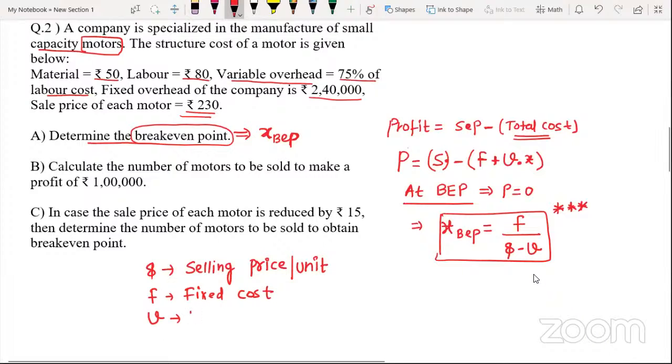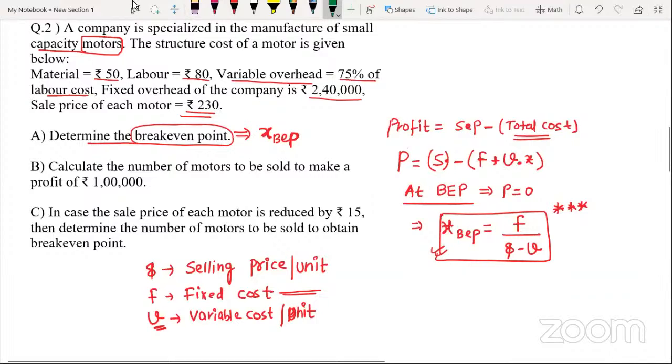It is the variable cost per unit. The fixed cost does not depend on the number of units produced. But this variable cost is directly proportional to the number of units produced. So we just have to use this formula.